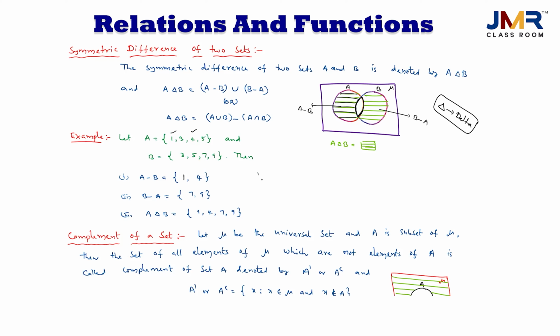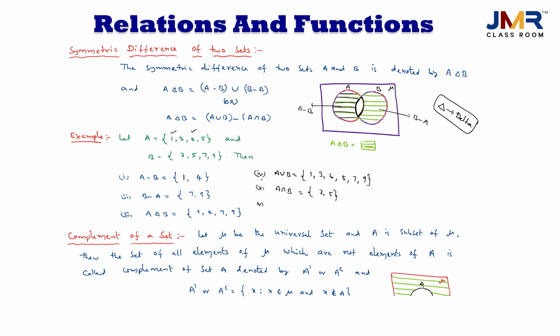Or for example, what is A union B? A union B means you have to collect the elements from both set A and set B without repetition. 1 is there, 3 is there, 4, 5, 7, 9. Next, A intersection B means common elements 3, 5.